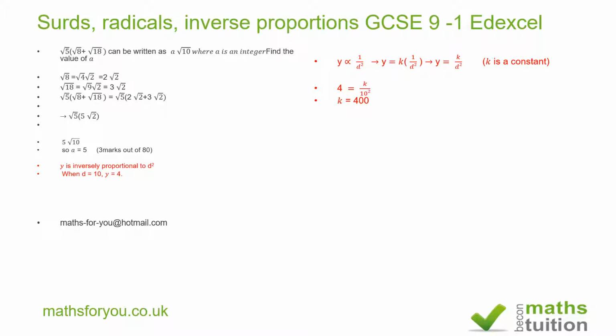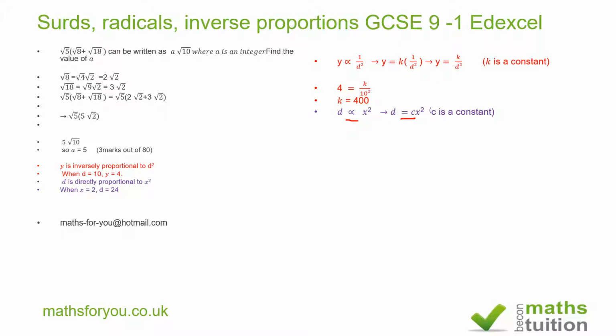Now for the next section, which is similar, it says d is directly proportional to x squared, and when x is 2, d is equal to 24. So we write the expression as d proportional to x squared. As before, we replace this proportionality sign with an equal sign and a constant.